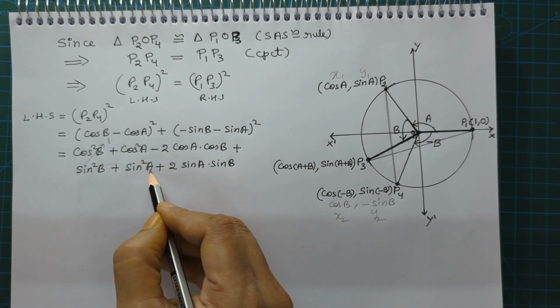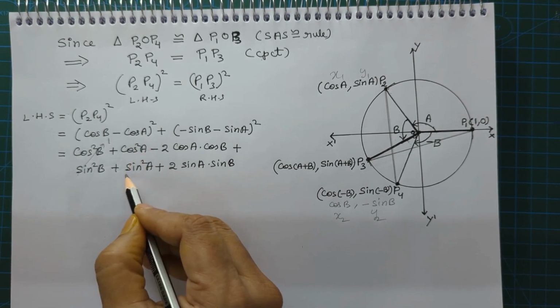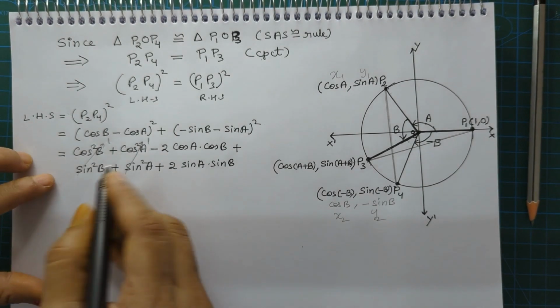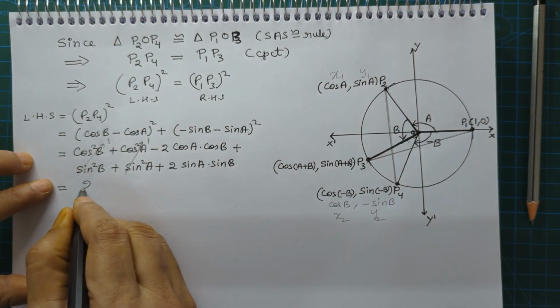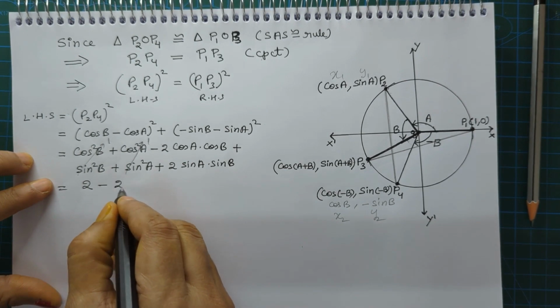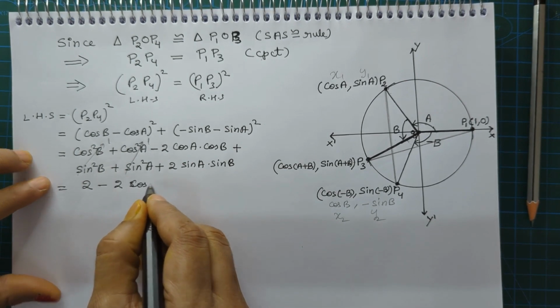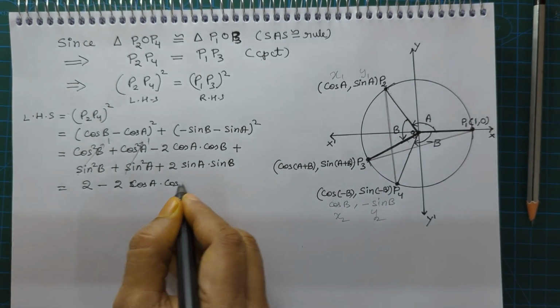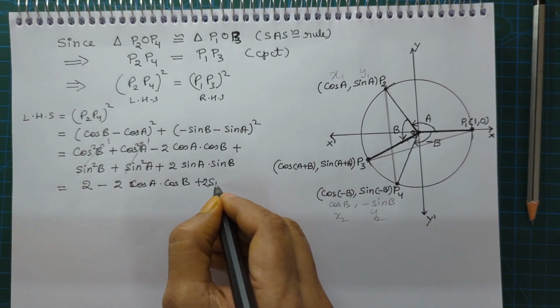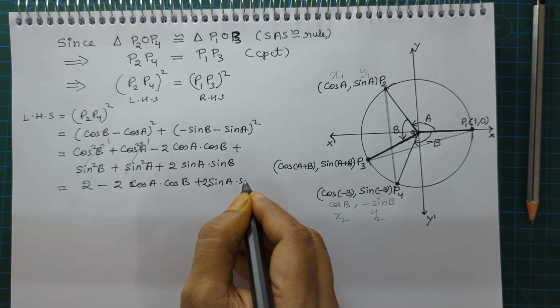Similarly sine square theta plus cos square theta also turns 1. 1 plus 1 is 2. So 2, and then I'm writing minus 2 cos A cos B plus 2 sin A sin B.